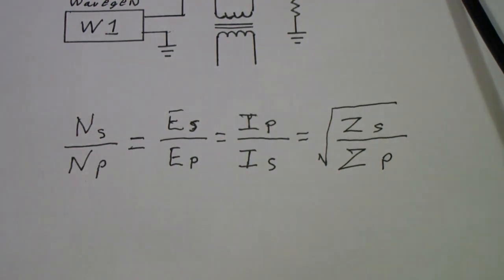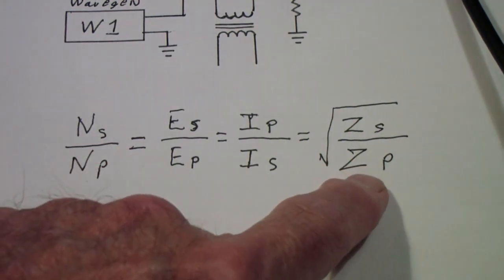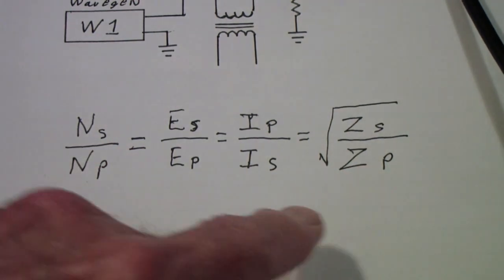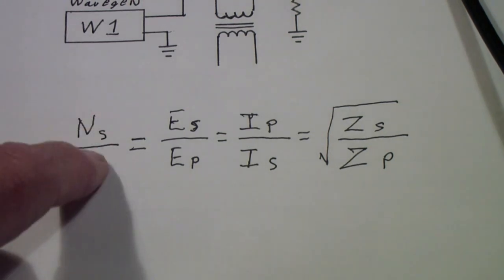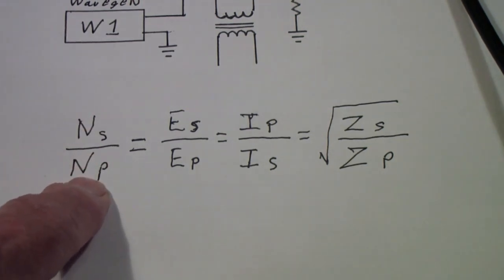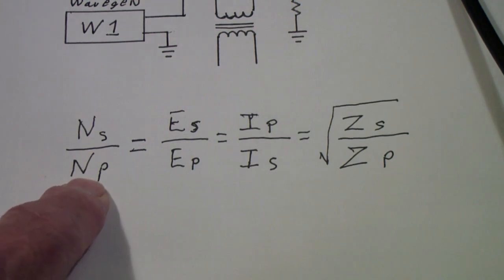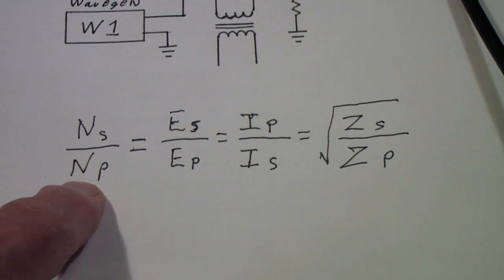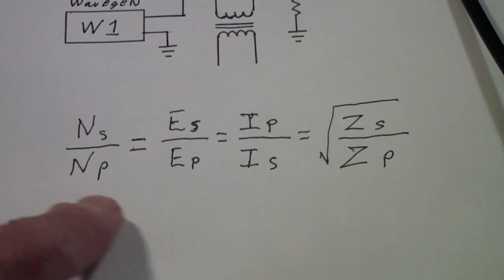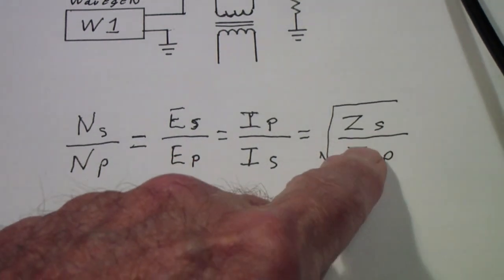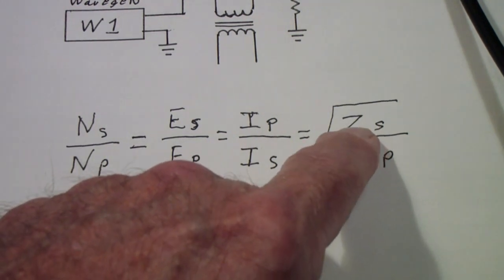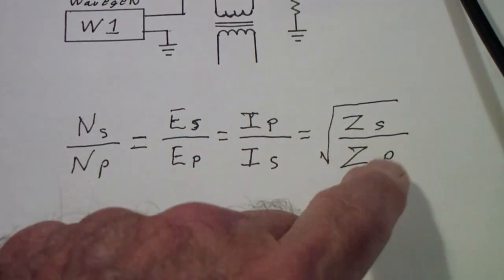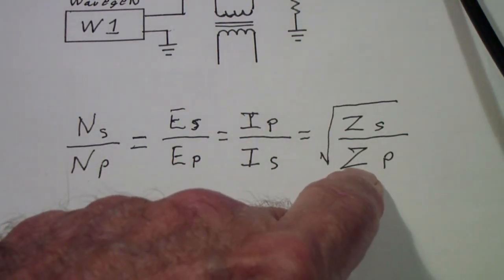Also, another fact that is very useful is in impedance transformation. If you have, say, a 10-to-1, or let's use a 16-to-1, it's easier to do in my head, ratio between the turns in the secondary to the turns in the primary, then you will have a 4-to-1 ratio between the impedance in the secondary and the impedance in the primary.